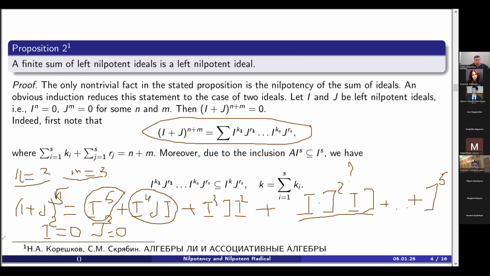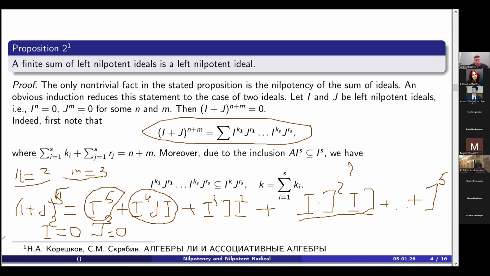After the associativity, you should not write I squared J, which is degree 3.